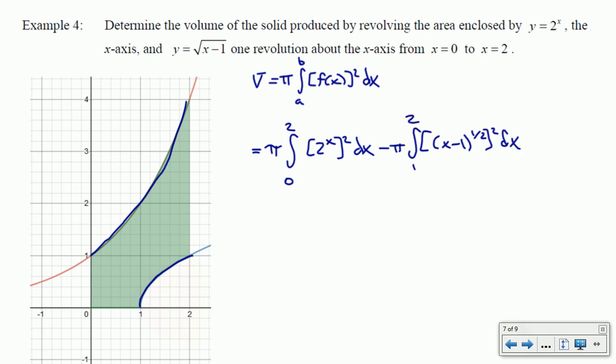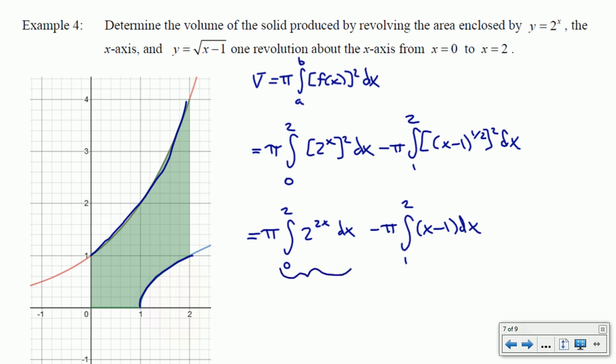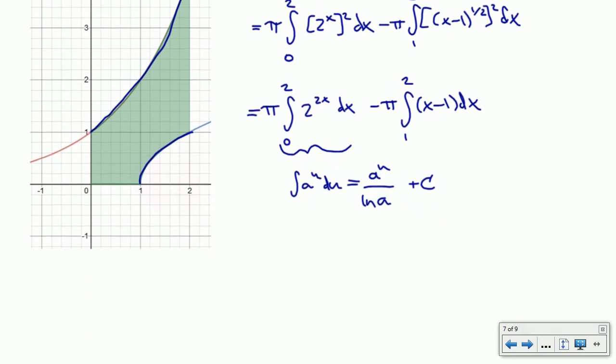So we can simplify this a little bit. We would have pi integral of 2 to the 2x dx from 0 to 2 minus pi integral of x minus 1 dx from 1 to 2. This second integral should be fairly straightforward, and fortunately we have something for the first integral as well. On our formula sheet we have the integral of a to the u du equals a to the u divided by ln of a plus c. We're going to let u equal 2x, so that means du equals 2 dx.